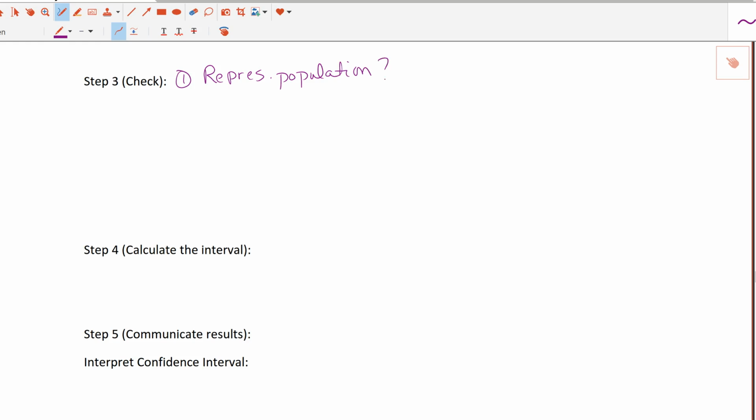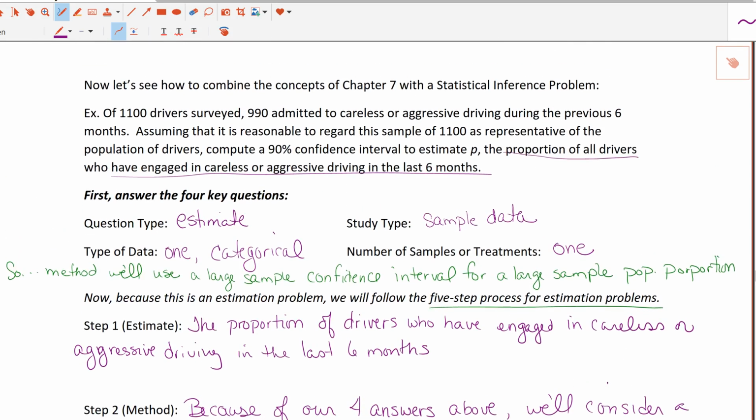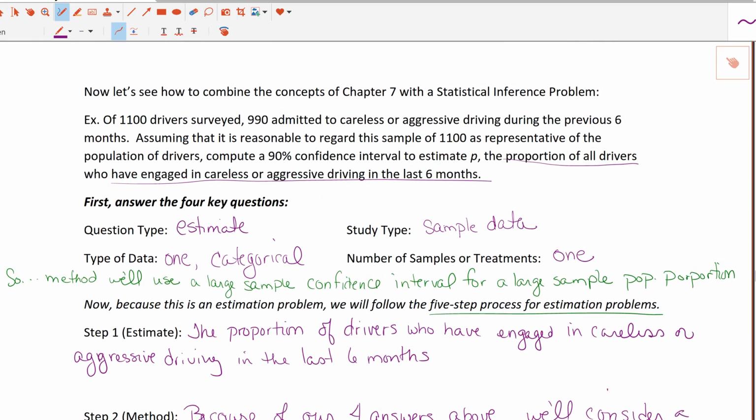And if you look back, it says, assuming that it is reasonable to regard this sample as representative of the population of drivers. So yes, it is.